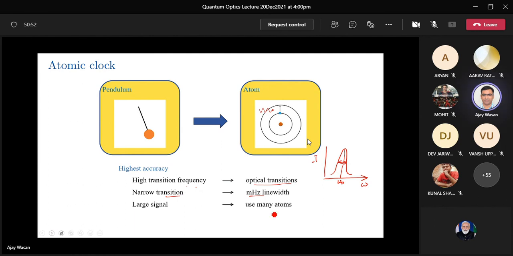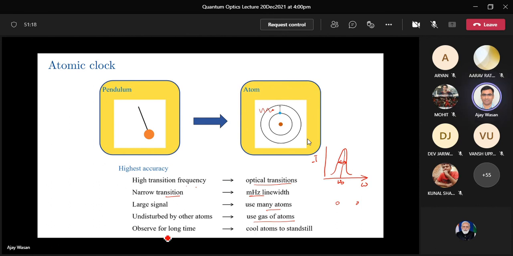We use gas atoms because they are a little far apart, so neutral atoms don't interact with each other so much, which is much better compared to ions. Initially people made atomic clocks using ions, but we have found neutral atoms are much better.